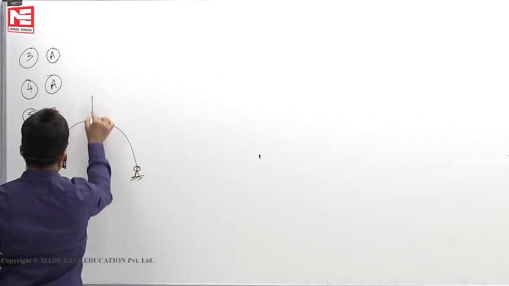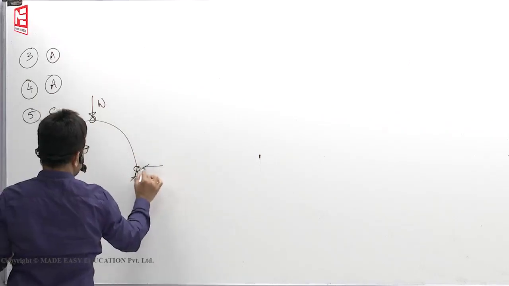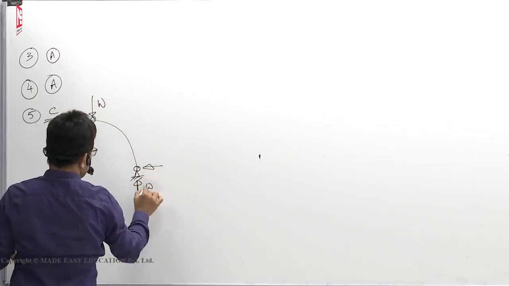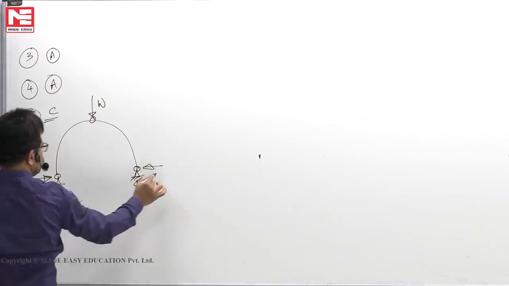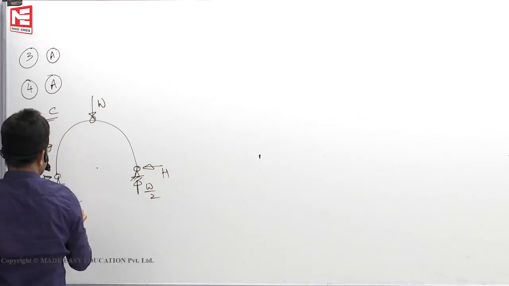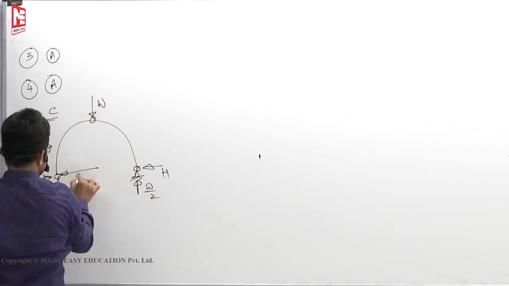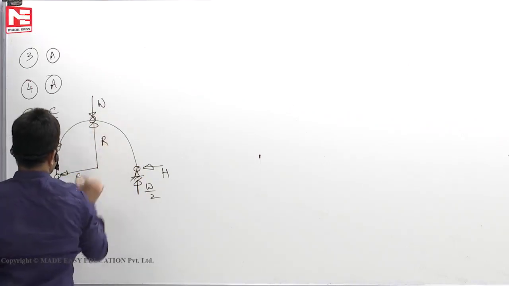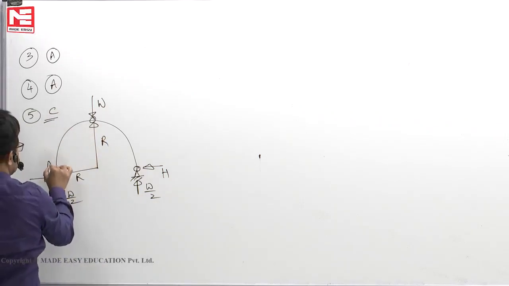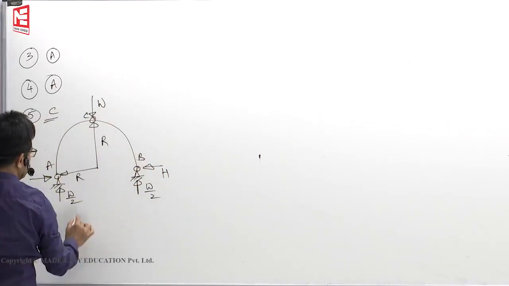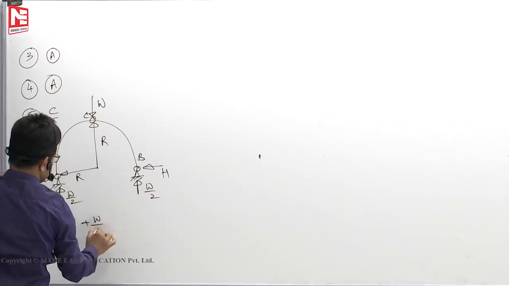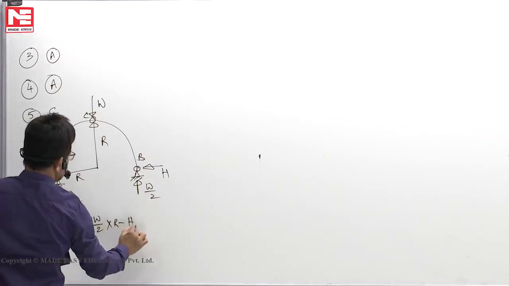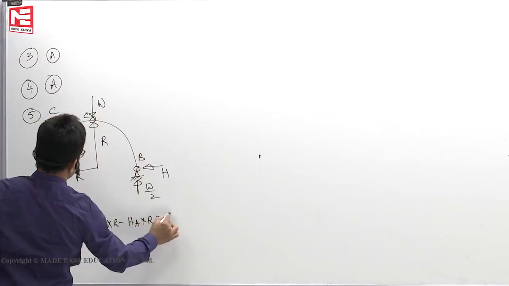Because if you apply load W, this is W by 2, W by 2. What is the horizontal thrust you will get? If you take the bending moment at C equal to 0, let us say, this is the radius R, this is also some radius R. Bending moment at C is equal to 0. A, B, C. So bending moment at C 0 means plus W by 2 into R minus HA into R is equal to 0.